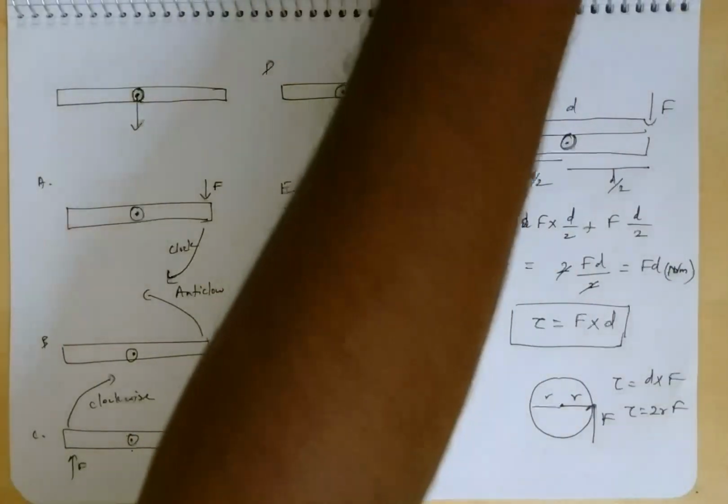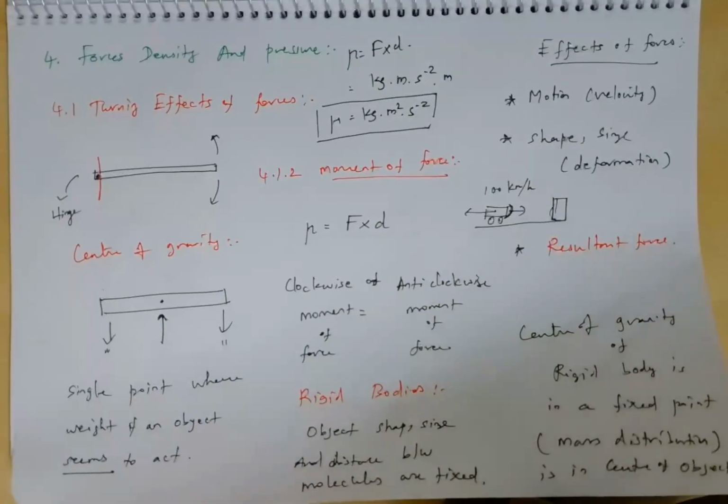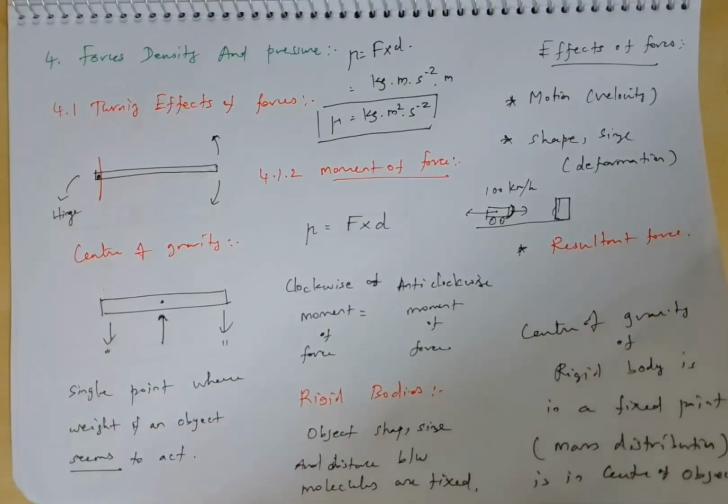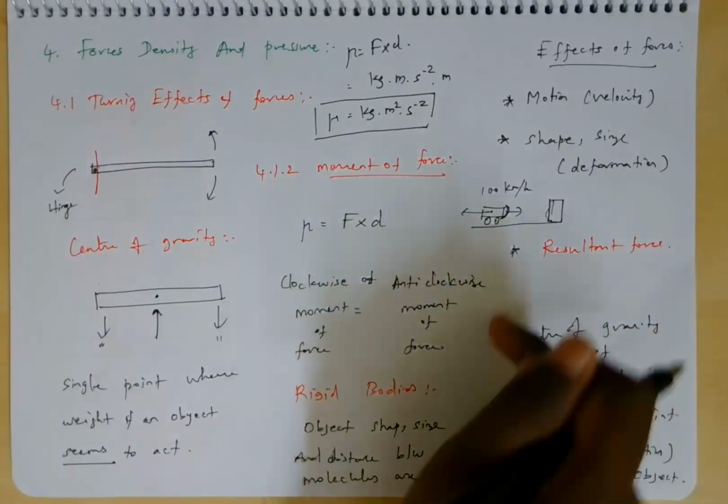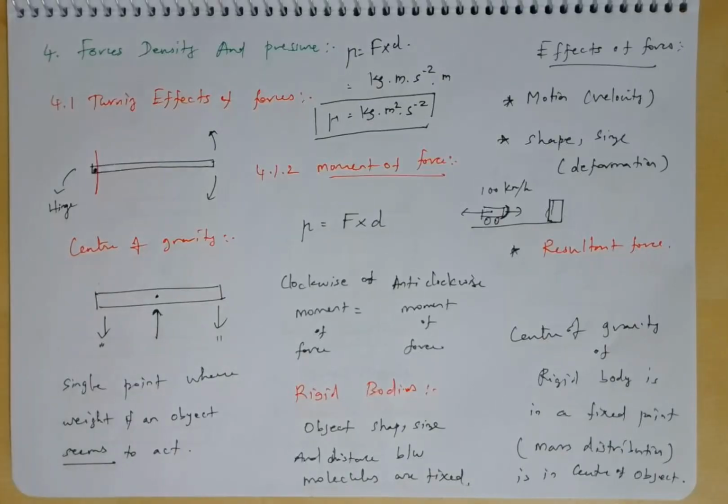This is kilogram meter per second square. Something else also has Newton meter as unit. For energy, what is the SI unit of energy? Please try. SI base unit of energy.